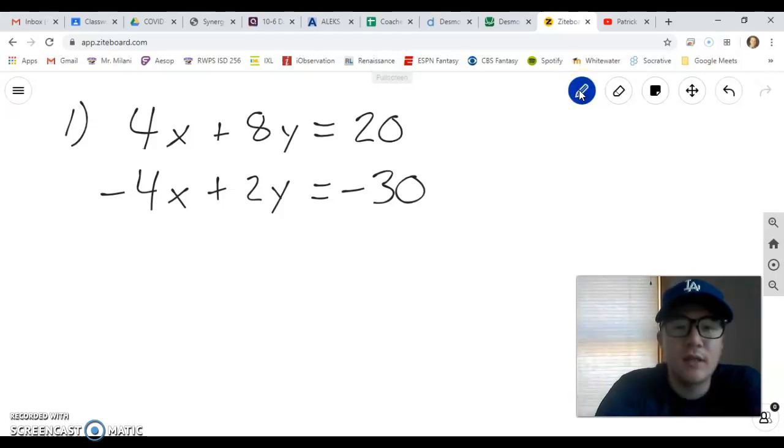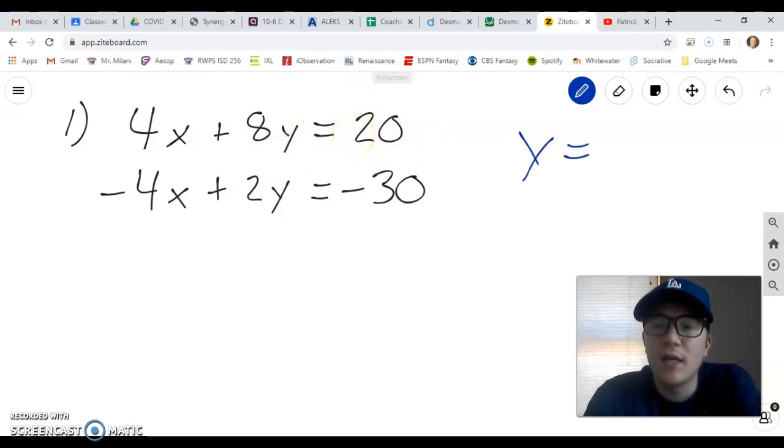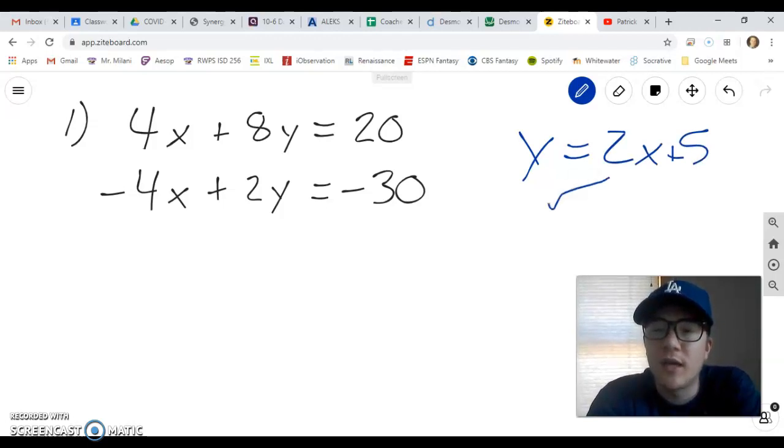So right now we're looking at these equations. For the first time, we're seeing them in what's called standard form. Okay, we've got the ax plus by equals c. We're no longer looking at things where we have something like y equals 2x plus 5, and then we're going to substitute that in for a y somewhere. That was substitution.